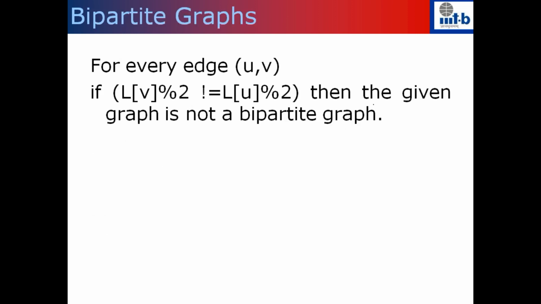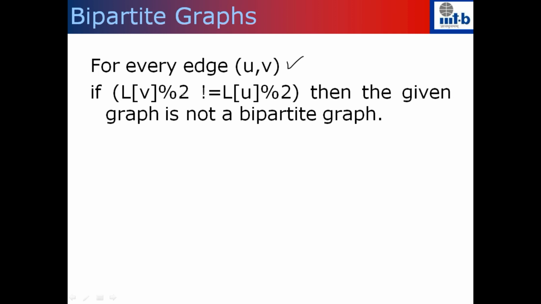You consider all the edges in the graph, and what you basically have to check is whether they go from odd level to even level, or from even to odd. But if you come across one edge such that it goes from odd to odd, even to even, then the graph is not a bipartite graph.